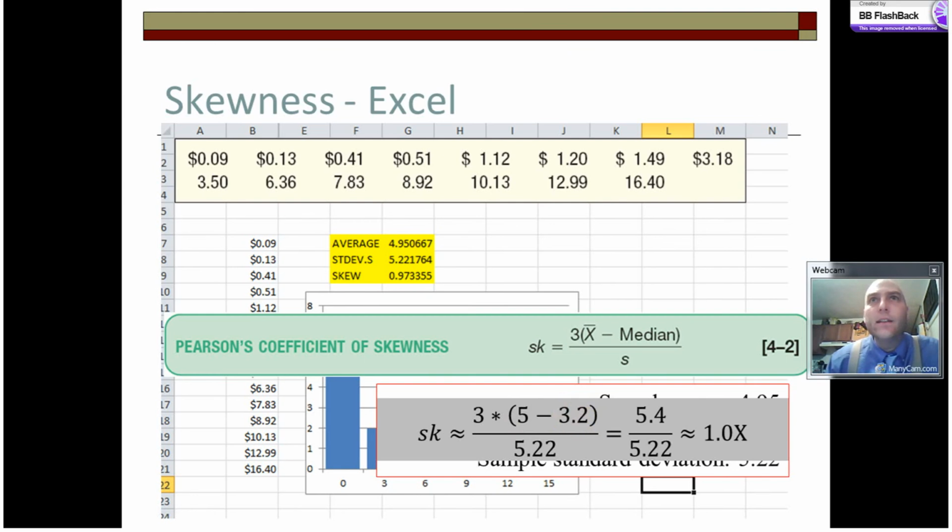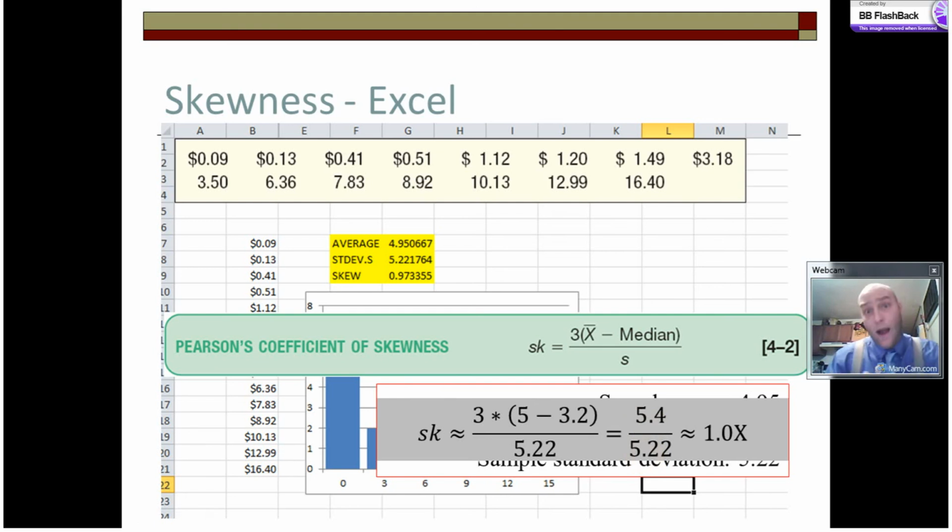Well, 18 times 3 is 54, so you add a decimal to that and you get 5.4. Divided by the standard deviation, which is 5.22, I know that 5.4 divided by 5.22, two things that are about equal, gets you a number about 1. I know that it's going to be a little bit more than 1 because that number is a little bit bigger. But the practical utility is this.